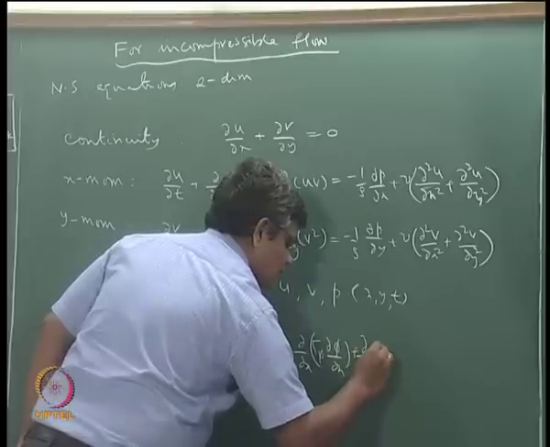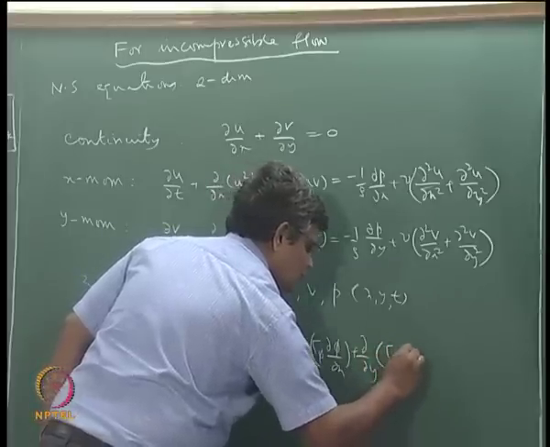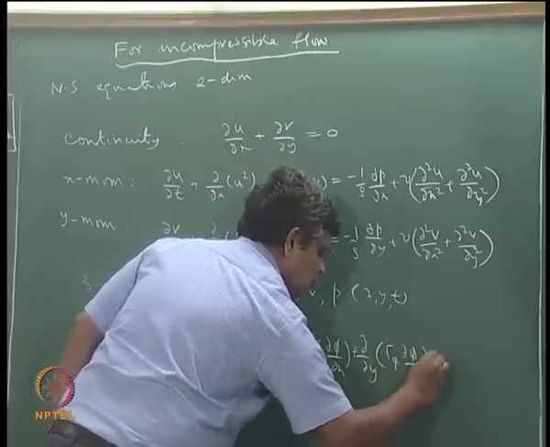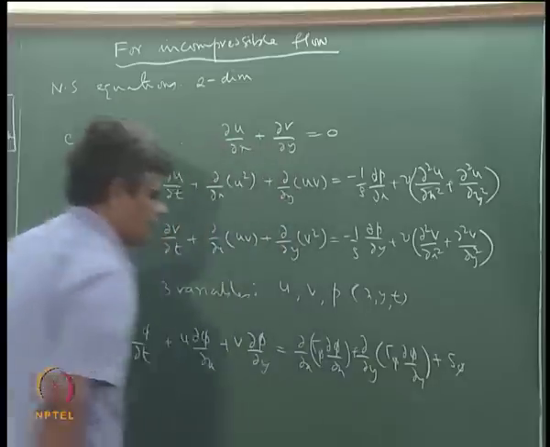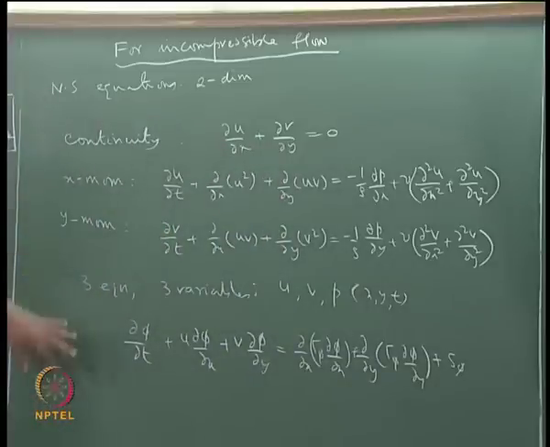This is a standard form that we have in 2 dimensions. We can put these equations in this form, where phi becomes either u, v and so on.